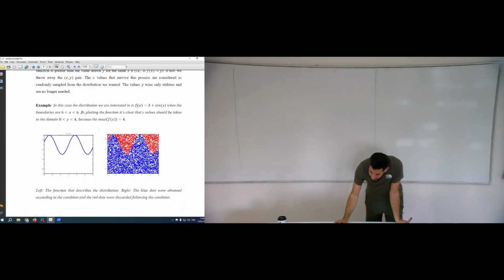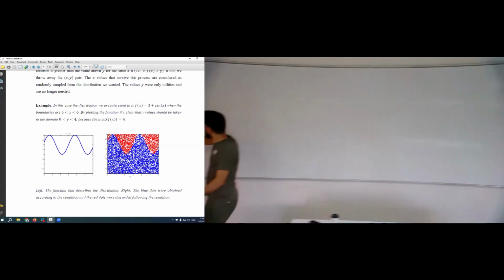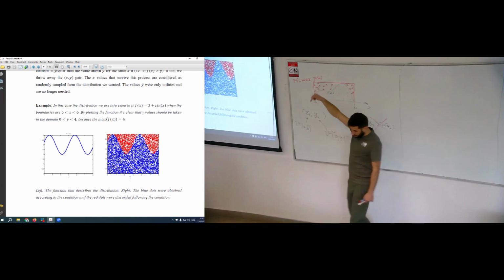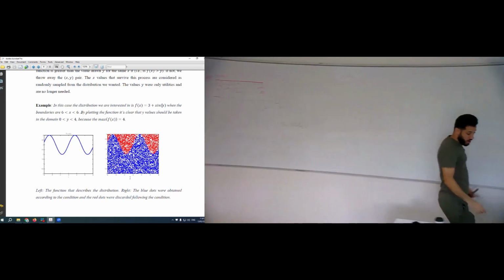So for example, here is a function. What can I do? I can produce many points. The computer knows how to produce them, and for each point, if the yi is bigger than the p of that xi in that pair, I drop it.